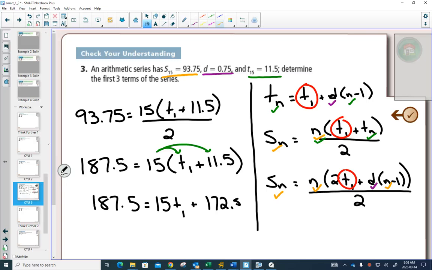So then we have 187.5 equals 15T1 plus 172.5. I'd subtract this on both sides, and oh, that works out so nicely.